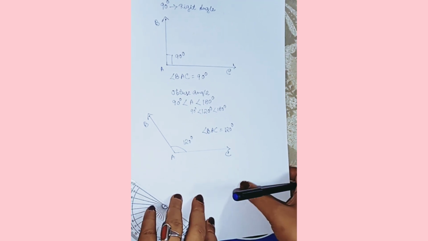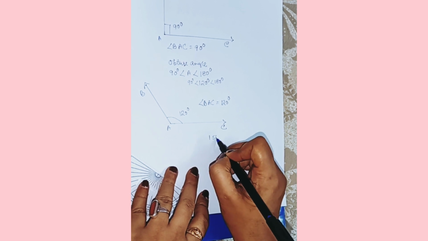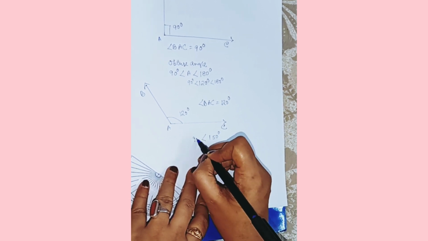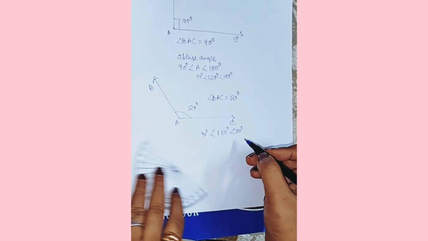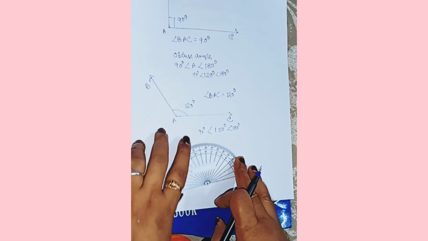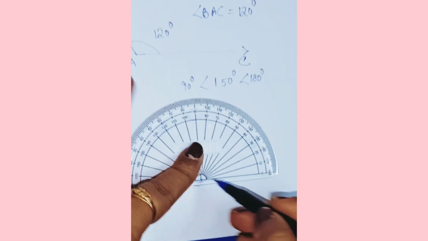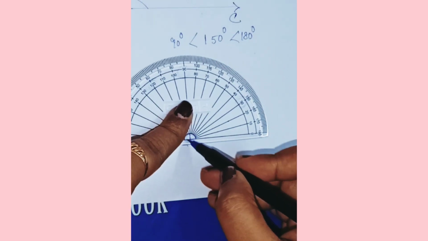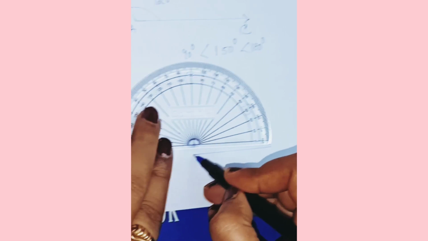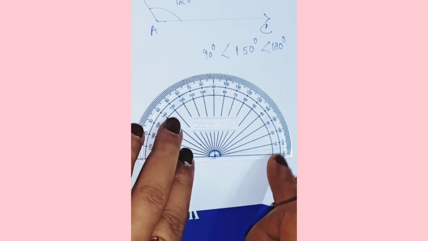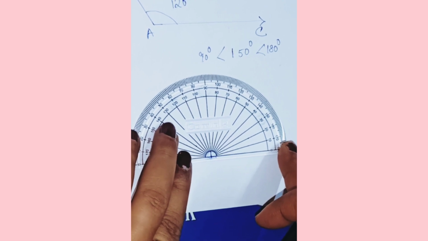Now I am going to discuss 150 degree. 150 degree is obviously greater than 90 degree and less than 180 degree, so it is also an obtuse angle. Now I draw the line here and place the protractor. I am repeatedly telling you to match the starting point, and match the line with the black baseline of the protractor.